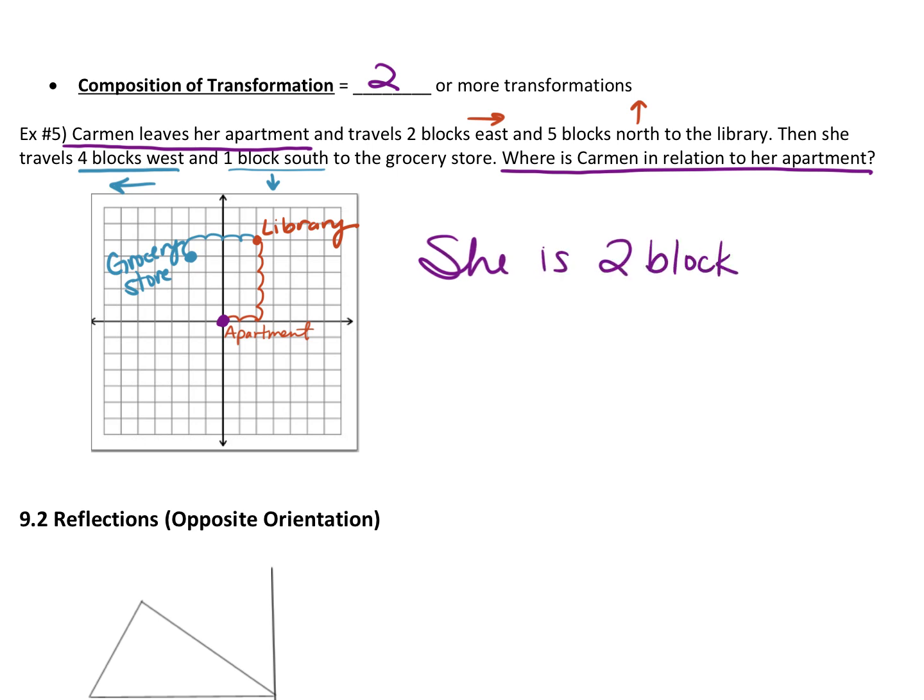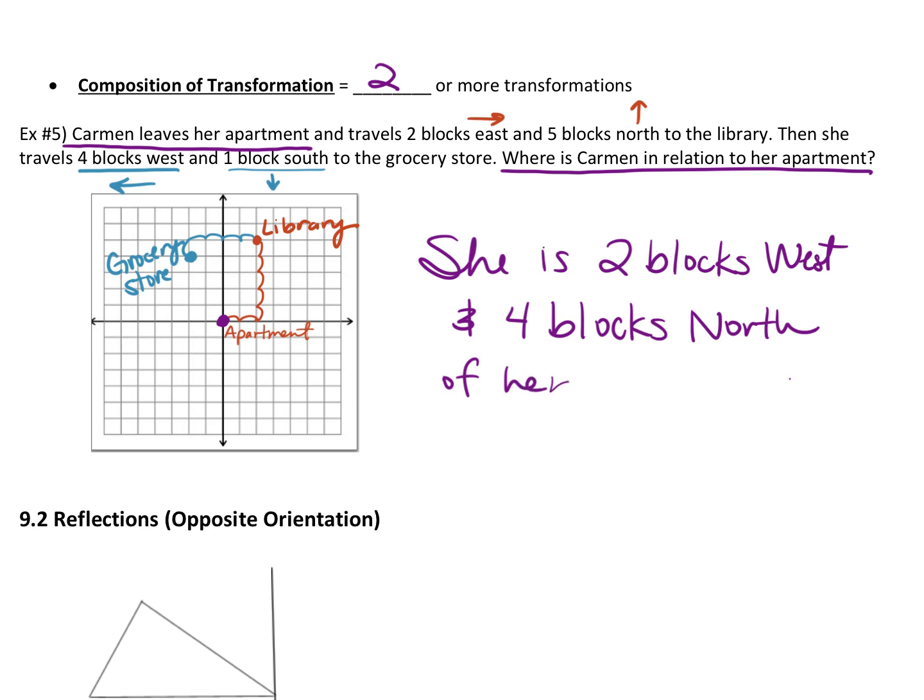2 blocks west and 4 blocks north of her apartment. Wouldn't she be 2 east, since you're going to the right 2 and then down 4 to get back?